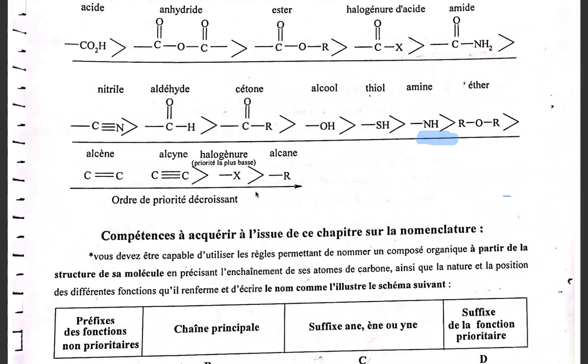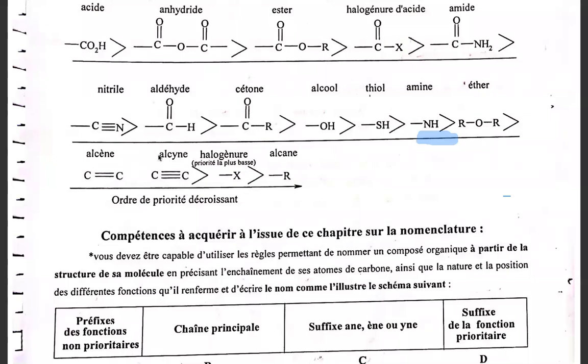Even if we're using en-yne as our terminaison for a double and a triple liaison, if you have a hydrocarbon that has that type of arrangement, the terminaison or suffix becomes ene-yne. It's like a special terminaison for those hydrocarbons that have got the double liaison and the triple liaison. But take note that in the priority group, the triple liaison is less.